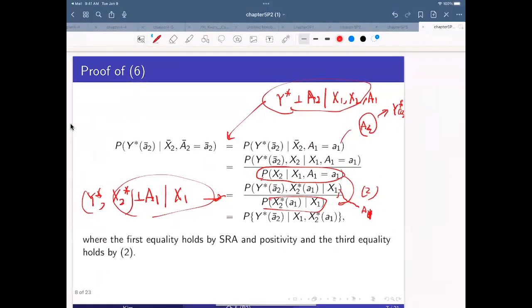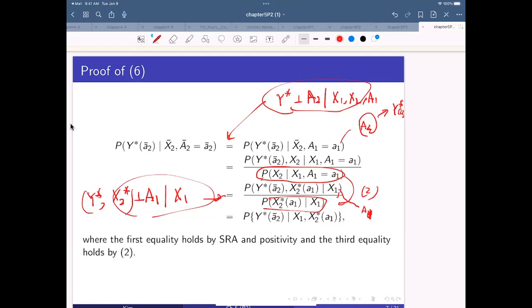I think this is the same as this one in some sense, because if you look at it, the one you're dealing with is A2 data, right? Here we have the potential outcomes data. That's a very good point.